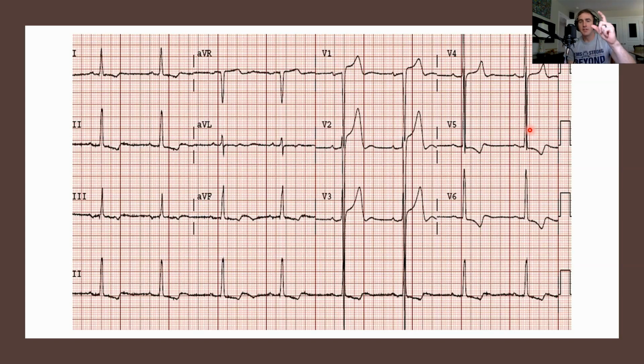The theory is that when you have a STEMI, the voltage decreases, right? When there's a myocardial infarction, you generally don't have enough voltage to actually meet left ventricular hypertrophy criteria on the EKG. That's so common that you never really see patients with left ventricular hypertrophy that are also having a STEMI.